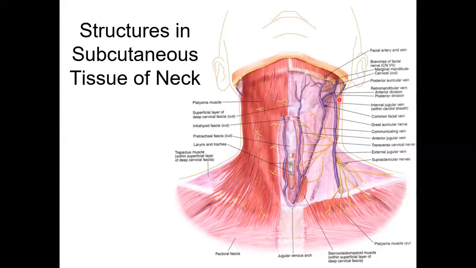And then your greater auricular nerve. So when you see the word auricular, think ear. Greater auricular, I think of as in front of the ear, versus posterior auricular is going to be behind the ear. So auricular means ear. And then cervical always just means neck.